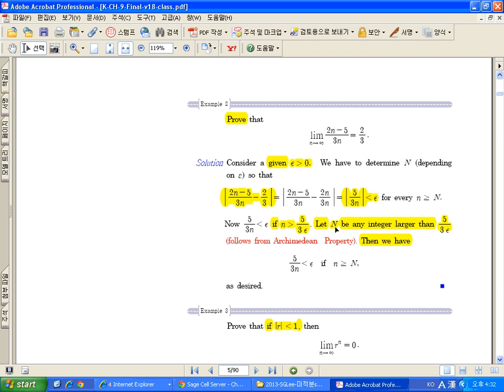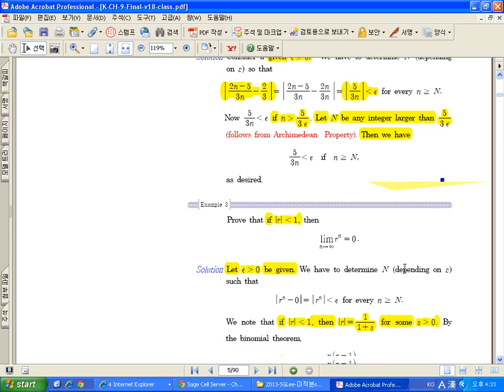So we choose capital N to be any integer larger than 5 over 3 epsilon. Then 5 over 3n is always less than epsilon if n is greater than N, as desired. Do you understand what I mean? So it has been proved.